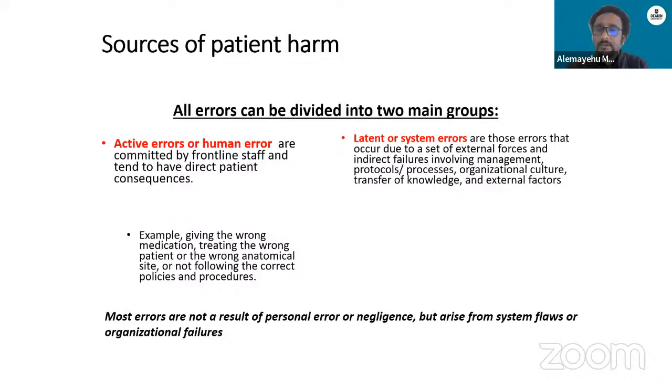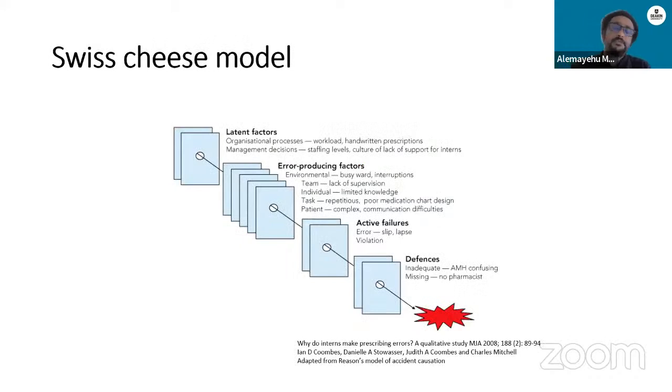So it's all about external factors or system-wide issues. Understaffed wards or inadequate equipment are examples of errors that occur due to the system, or latent errors. But surprisingly, these are the major errors, and the ones which we can modify mainly.